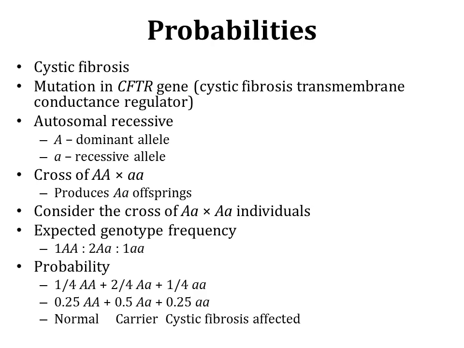Because there are a total of 4 expected genotype frequencies, the probability for homozygous dominant is 1 by 4, for heterozygous is 2 by 4, and for homozygous recessive is 1 by 4. The answers are 0.25 for homozygous dominant, 0.5 for heterozygous, and 0.25 for homozygous recessive.